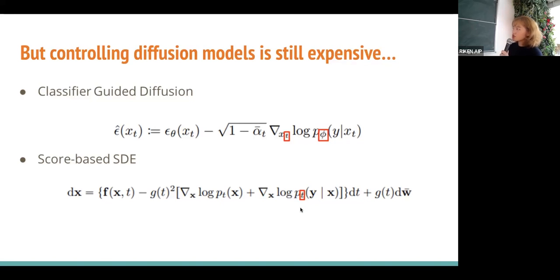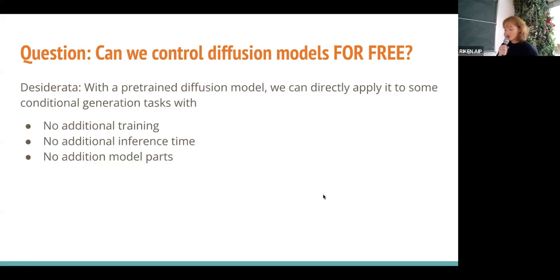So controlling diffusion models is still too expensive, in my opinion. Even though we don't need to train an entirely new generative model, we still need to train something. So I would like to ask a question: can we control the diffusion model for free?